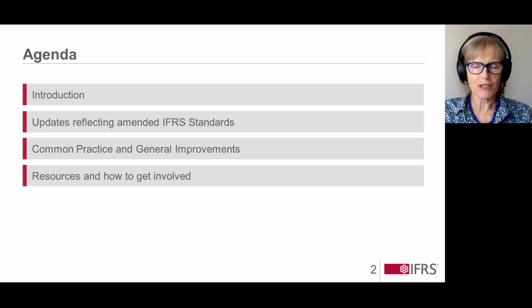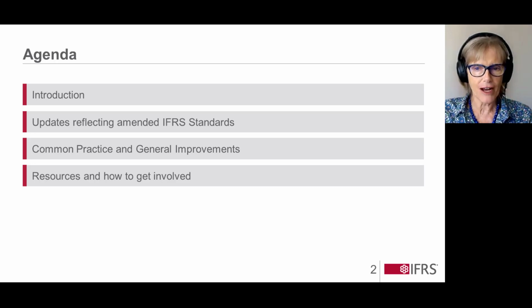Let's first explain what we're trying to cover today. We will start by presenting a high-level overview of the changes introduced to the 2021 IFRS Taxonomy. We will initially discuss changes to the IFRS Taxonomy that reflect amendments to the IFRS standards issued in 2020.